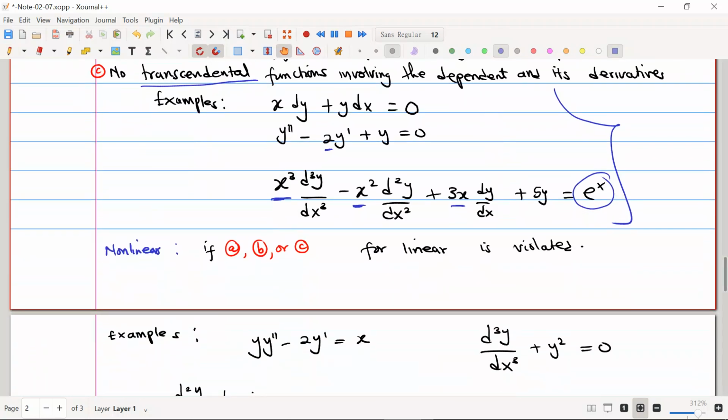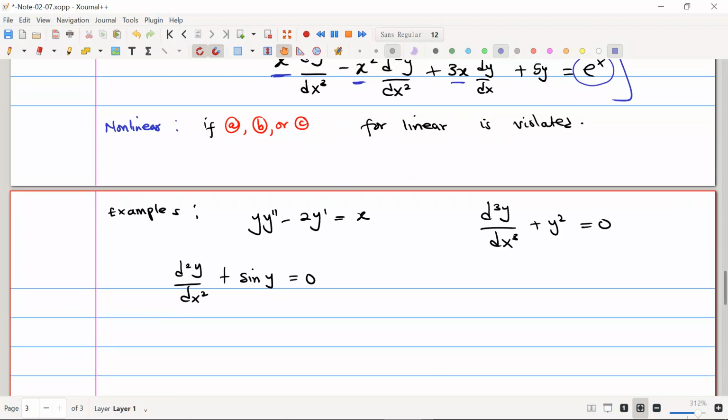Now if you go to the nonlinear part, if property A, B, or C for linear is violated. So first, if the degree of the dependent variable or its derivative is not 1, then you can say it is nonlinear. Here this is nonlinear because we have the coefficient of y prime prime depending on y, the dependent variable, right?